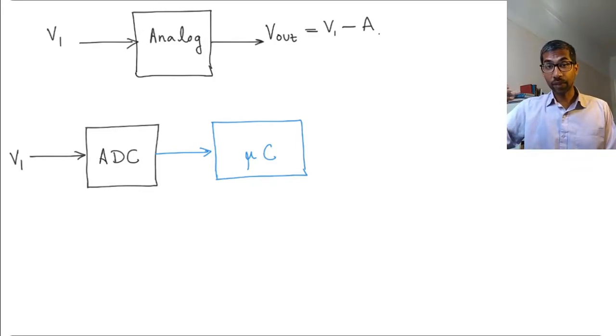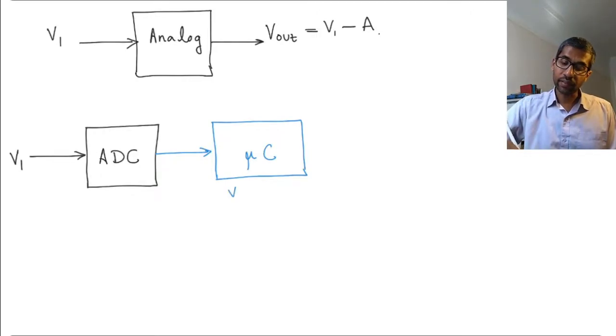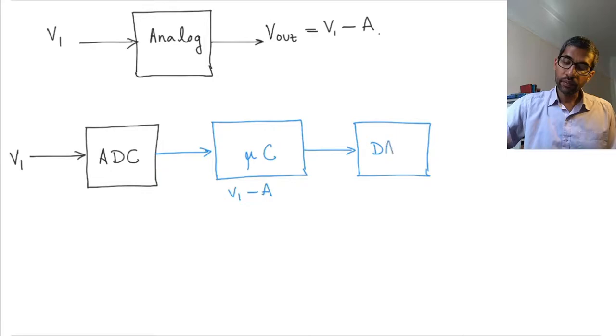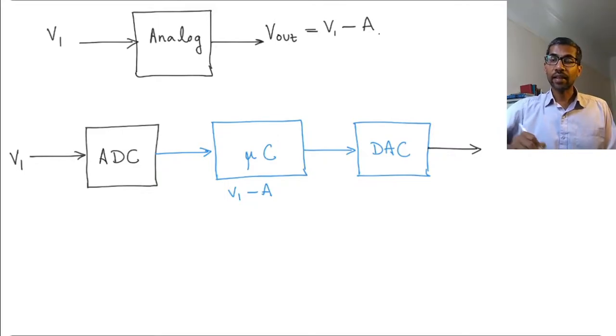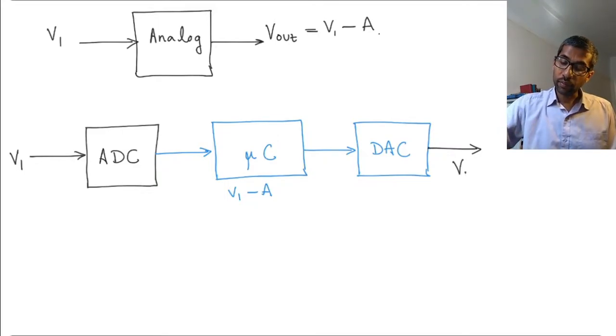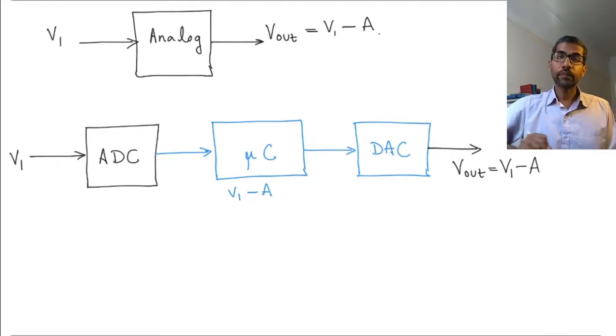And what the microcontroller does is it does this operation that we want to do. So it does V1 minus A. And then the microcontroller sends the signal to my digital to analog converter, let's say DAC, which converts it back into an analog value. And this analog value is V out equal to V1 minus A.